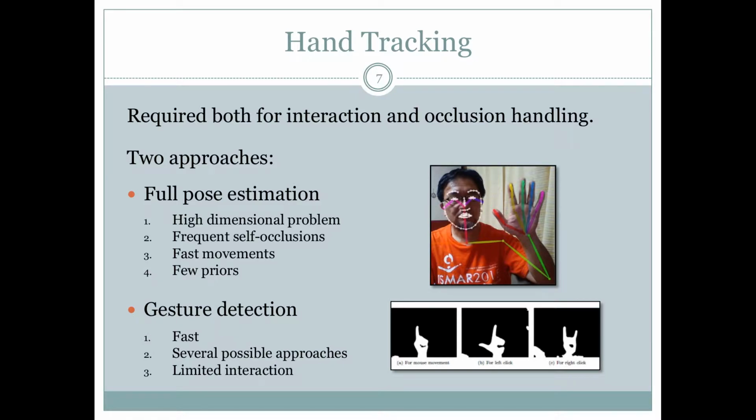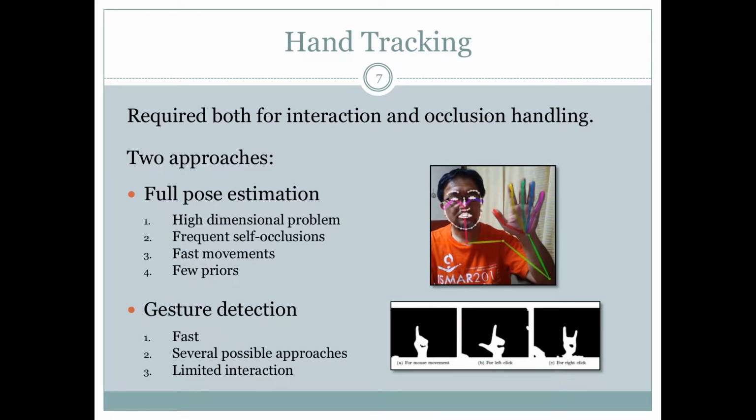Since the hand generates a lot of self-occlusions, we have to deal with partial data, because we don't always have a situation where we can see the full hand, and we have to cope with that when designing the estimator. Also, hands move very fast, so they can achieve a translational speed of 5 meters per second and 300 degrees per second for wrist rotation. So the frame rate of the camera is often slower than the speed at which we can move our hands.